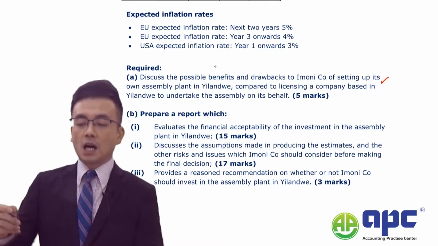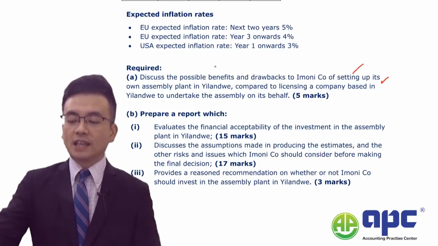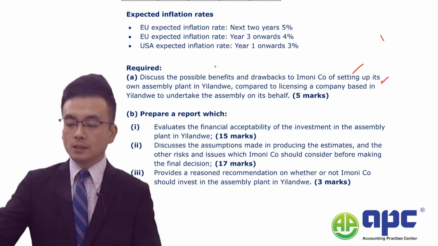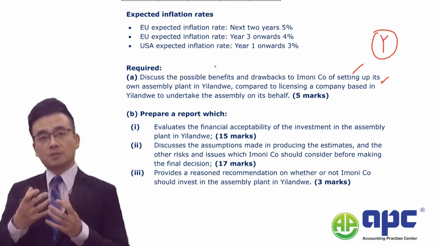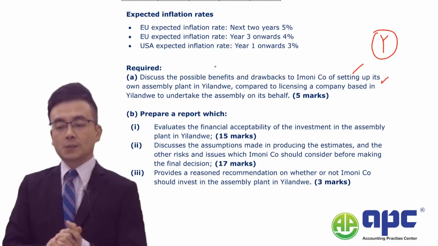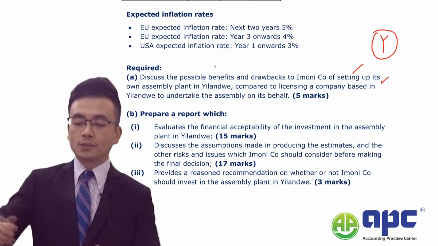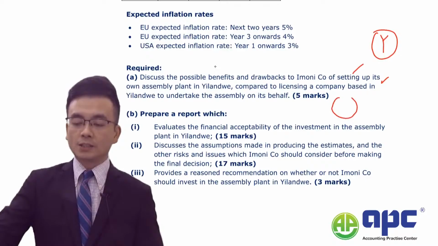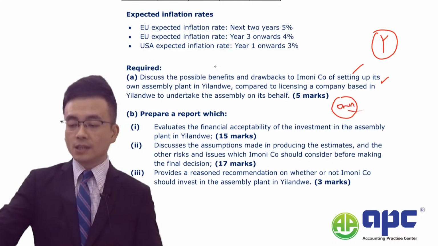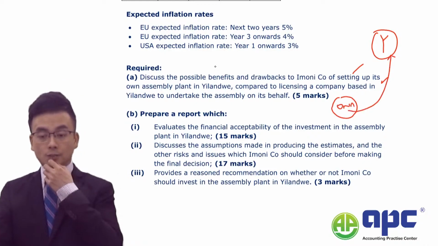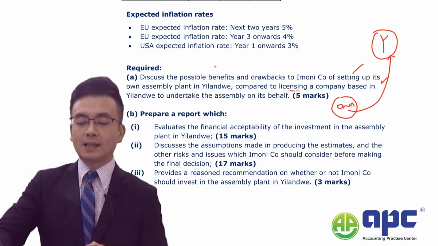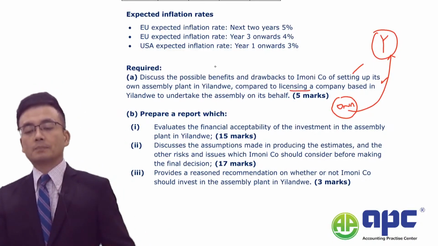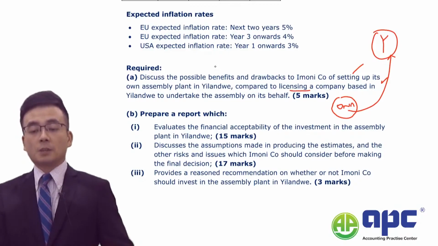So this means that if I were to use the organic way to set up the business in the foreign country, that's our first option, and of course that will take time and management expertise. Compare that with producing the item in our own country and selling the item there, where of course the Ulandwe company needs to pay us the licensing fee each and every time, for example the annual fee.